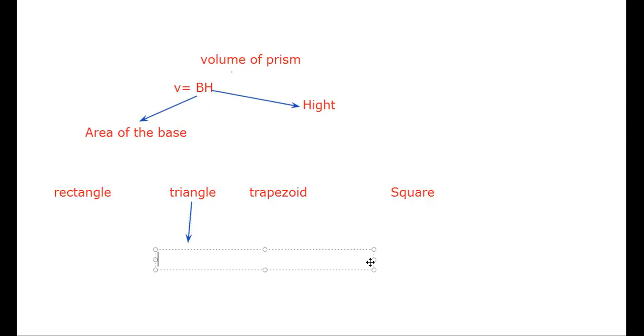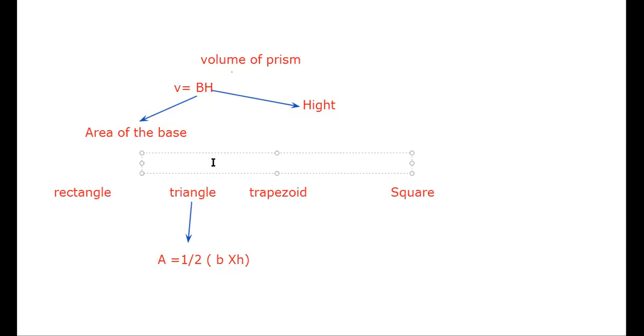Triangle, half multiply base multiply height. Area of triangle equals half multiply base multiply height. Okay, so this is to calculate the area of the triangle.